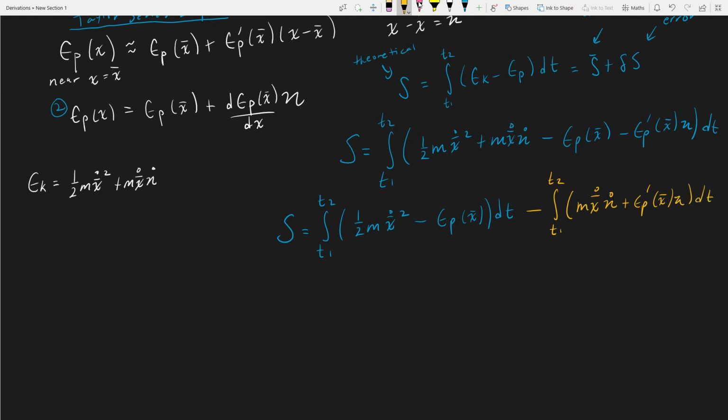And what we're going to say is that this part is equal to S bar, which should be obvious from the definition of the principle of least action. Actually, let's do blue, make it match. So I'm saying this is equal to S bar, and this is equal to delta S. Okay, we're going to continue this next time and do some more of the math on this one.